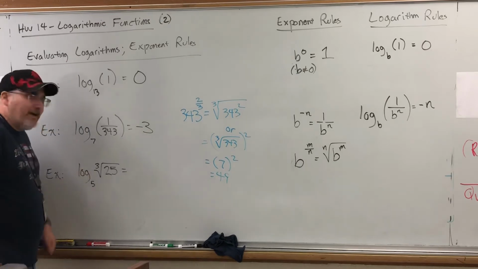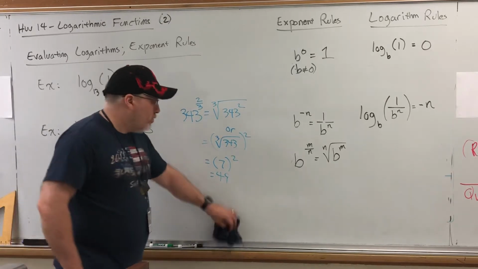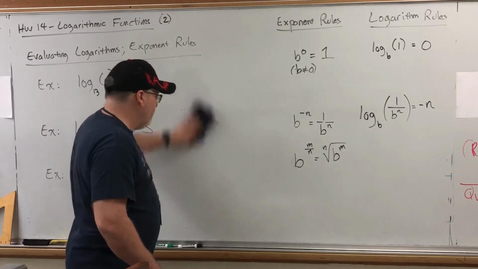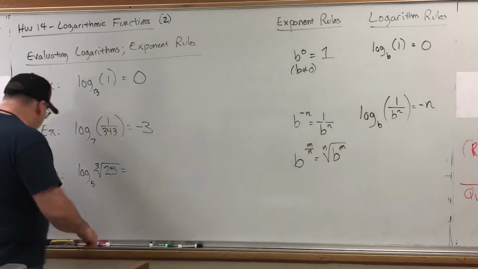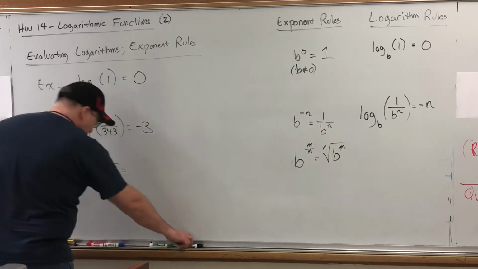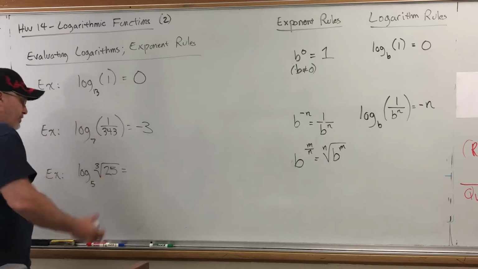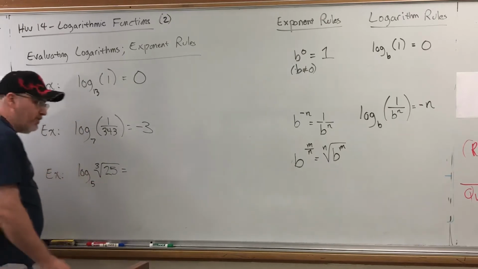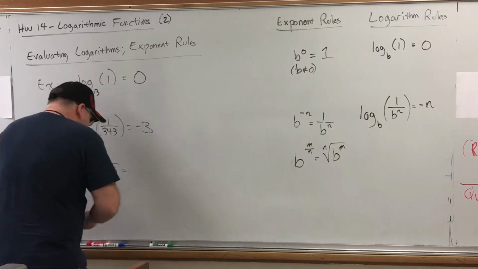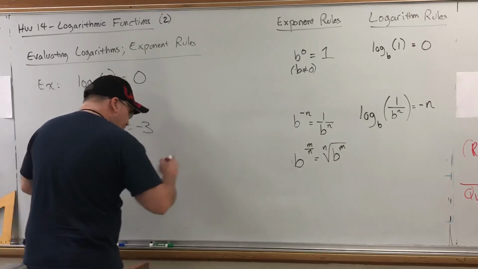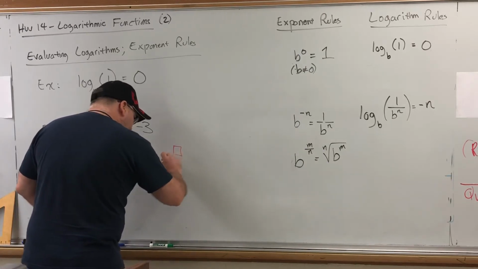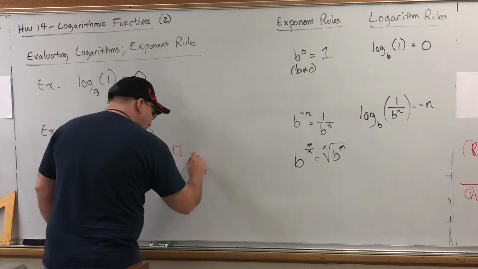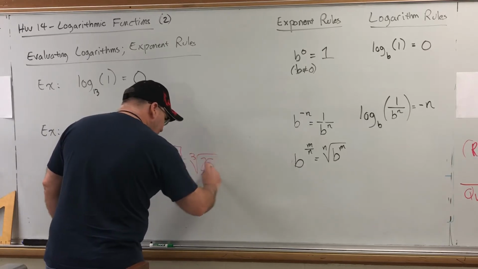So when you see a fraction power, that's how you would approach it to evaluate it. But we're not trying to evaluate any fraction power here. We're just looking for a power. So, how can I do this logarithm problem? Well, a logarithm is asking what power turns the base into the argument. So we're being asked what power would you put on the base, 5, to get the cube root of 25.